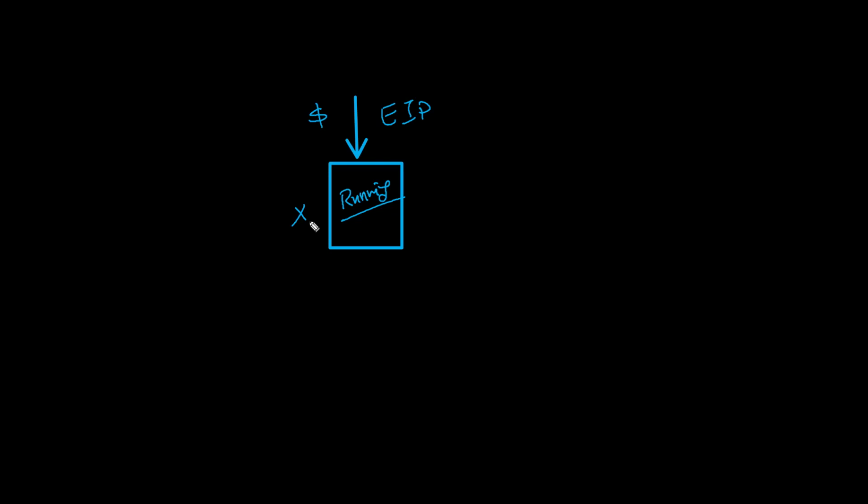Or if on the same instance you say I need one more elastic IP, then for the second IP you would start paying. First IP, if it is attached to the running instance, it is free, but if on the same instance you attach another elastic IP, then there would be charges. Or if you shut down the instance, then the charges would be calculated on the elastic IP.